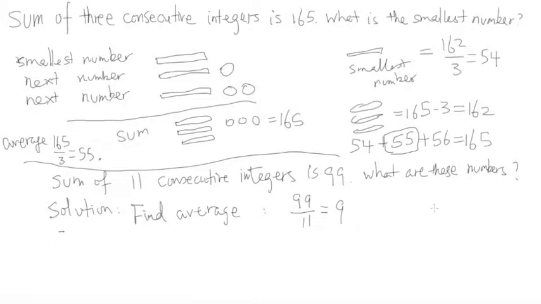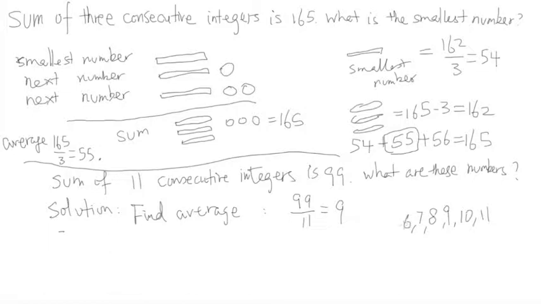Now here, we had 9 as the average in this problem, 99 divided by 11. So what are these numbers? Well, 9 should be in the middle. Because they're consecutive, you can keep writing from left to right. How many numbers are there? There are 11 numbers, so there are 5 to the left, 5 to the right, and 1 in the middle.